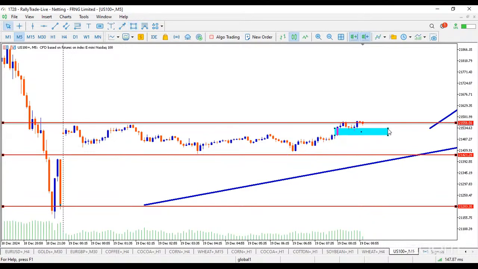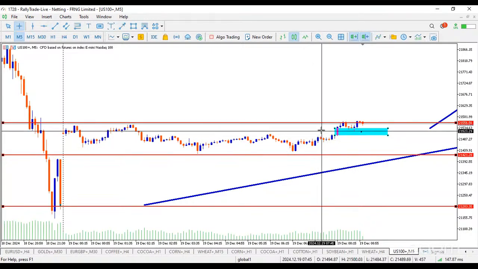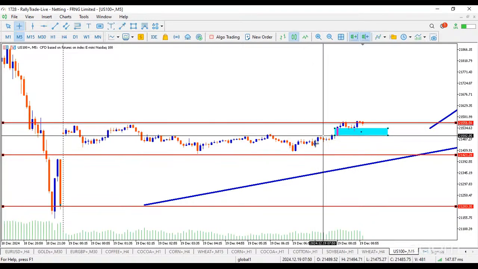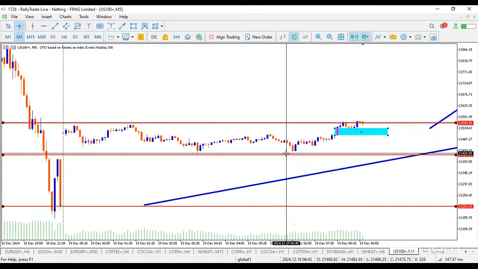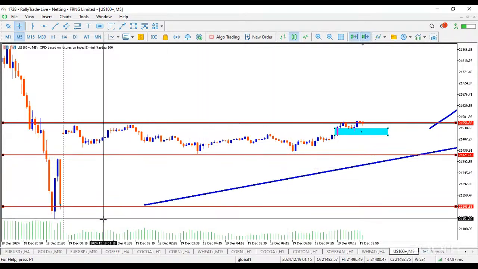The market has done that already, but this shaded area will be a good area for a buy. Then you may want to use this area as a stop loss, because you have small money. But if you have big money, this last low here should be your stop loss, because the market is pushing upward.